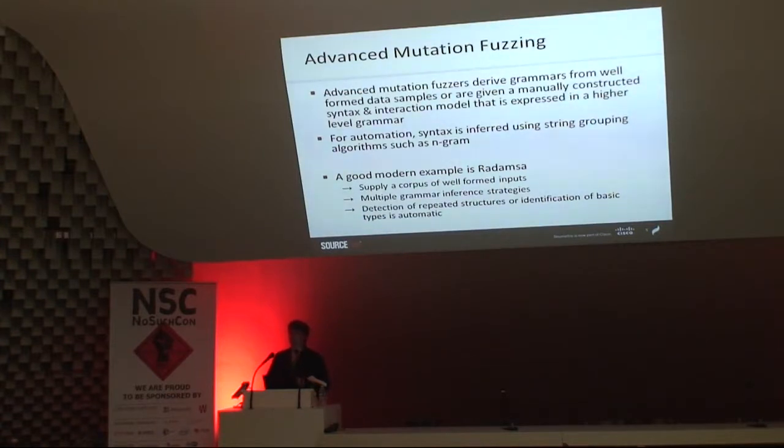But Radamsa actually is a meta-fuzzer that has about 20 or 30 algorithms in it, going all the way back to your traditional byte flipping, swapping, copying, truncating, things that you would find in any other pretty average generic fuzzer. And then also some better string identification algorithms, so things like n-gram analysis or sequitur approaches to looking for substructures that are similar across a corpus of files and realizing that there are relationships between data types automatically.